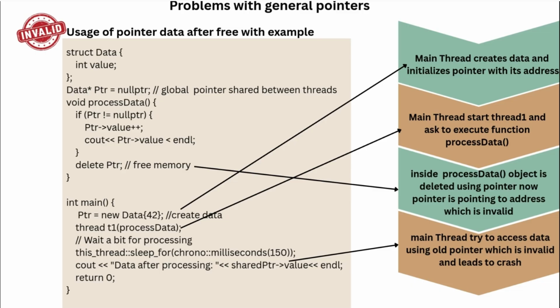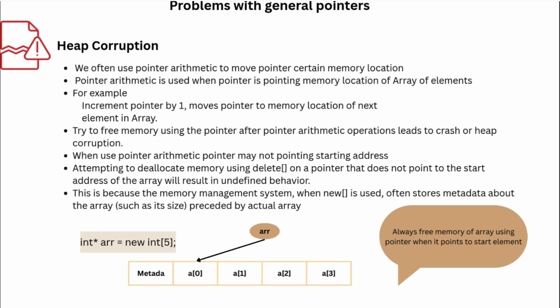Okay, let's see another problem. Heap corruption. Heap corruption generally happens like this. For example, you are creating an array of elements, and you have a pointer which points to the starting address of the array. Normally when you create an array on the heap, your array will be created, and just before the starting element there is a metadata.